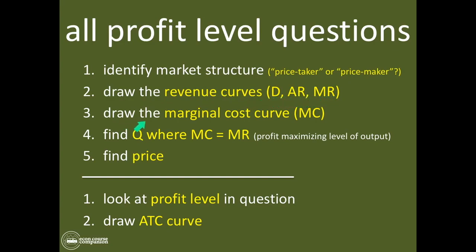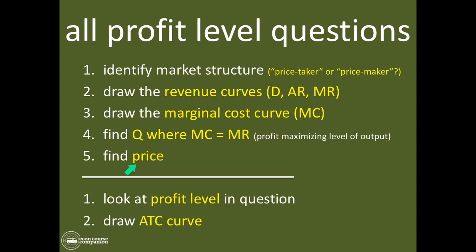Then you are going to draw the marginal cost curve, the MC curve. Then you are going to find the profit maximizing level of output, which is where MC equals MR, and you're going to find Q. Then you are going to take that quantity, that profit maximizing level of output, and go up to price.